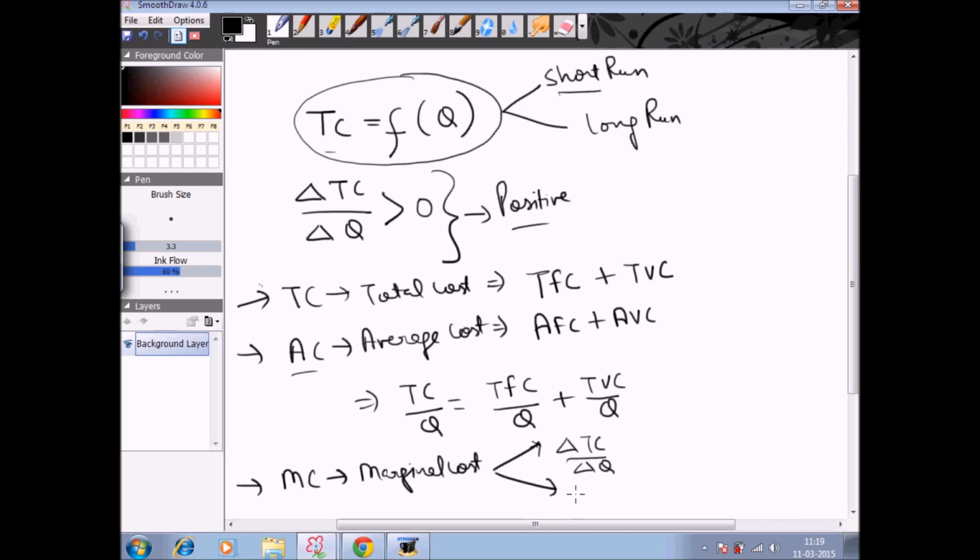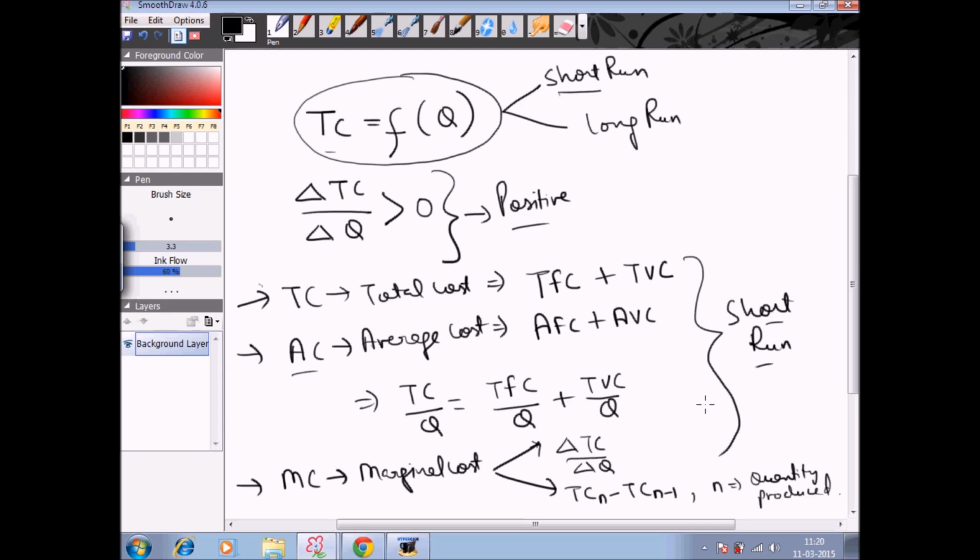And the other way is we can subtract the total cost of producing n minus 1 units from the total cost of producing n units, where n is the quantity produced. So this is how we calculate the marginal cost. These are the various types of costs which we have to analyze in the short run.